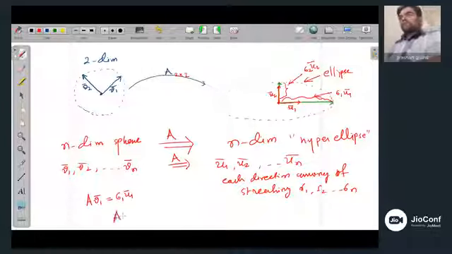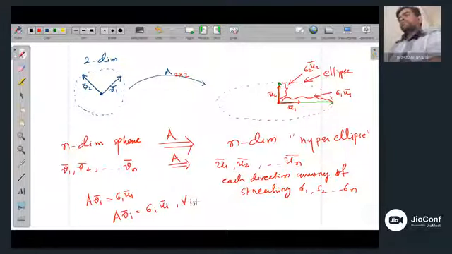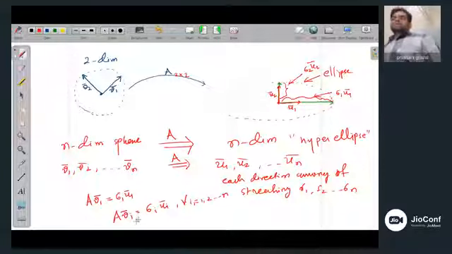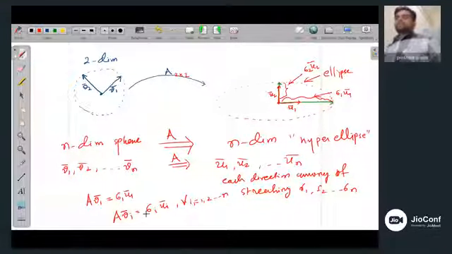So you have A of vi bar equal to sigma i ui for every i running from 1 up to n. This is the situation for any matrix applied onto this set of orthogonal vectors.